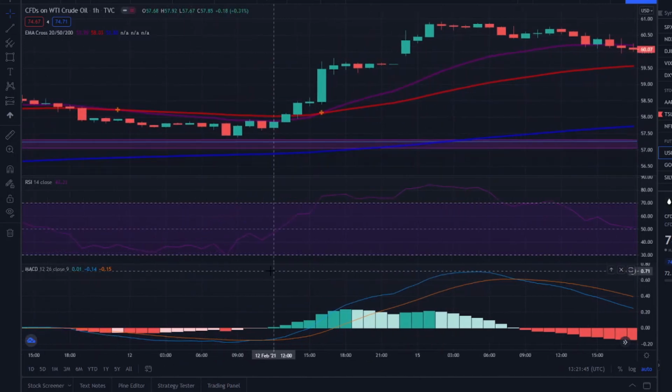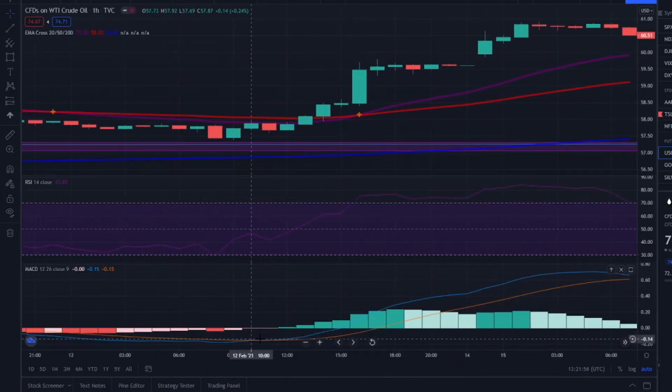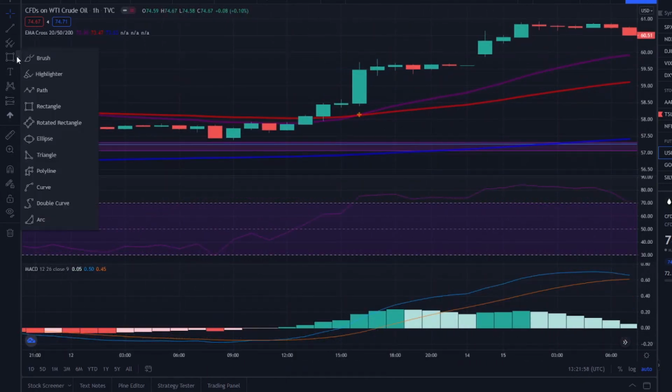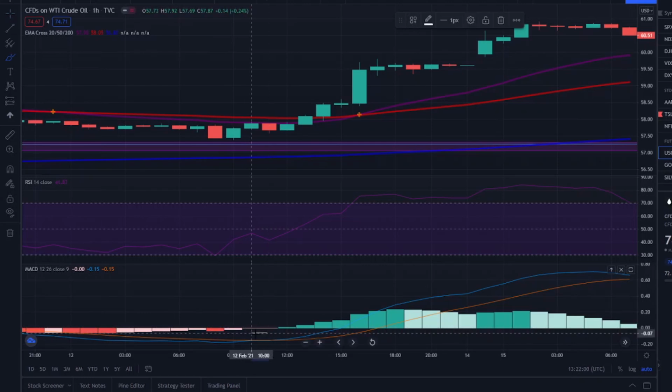So once we see the cross after coming closer or retesting the support area, we can see a cross between the MACD, the longer and the shorter line, which is here.